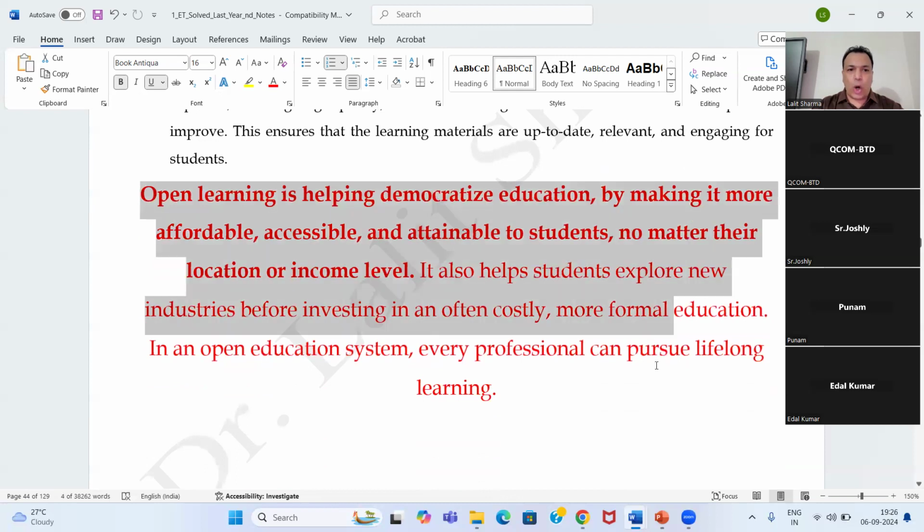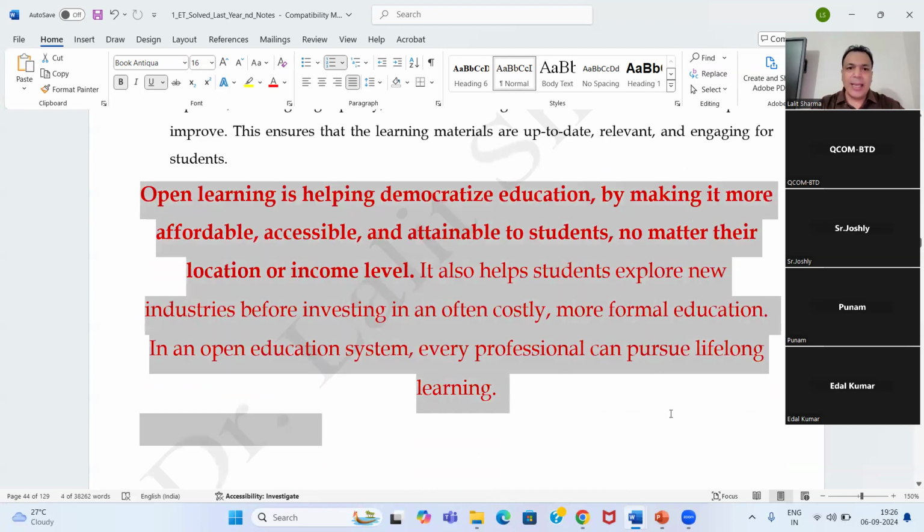Hence we can say that open learning is helping democratize education by making it more affordable, accessible, and attainable to students no matter their location or income level. It also helps students explore new industries before investing in an often costly, more formal education. In an open education system, every professional can pursue lifelong learning.